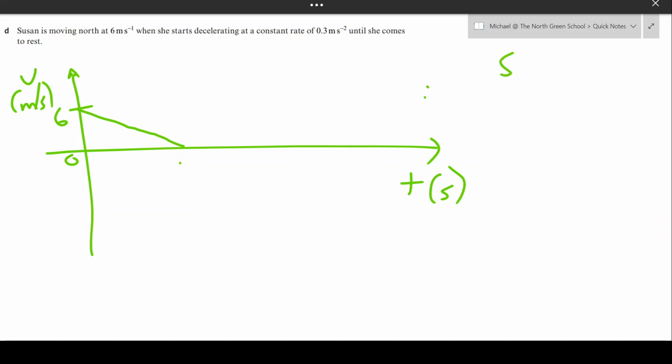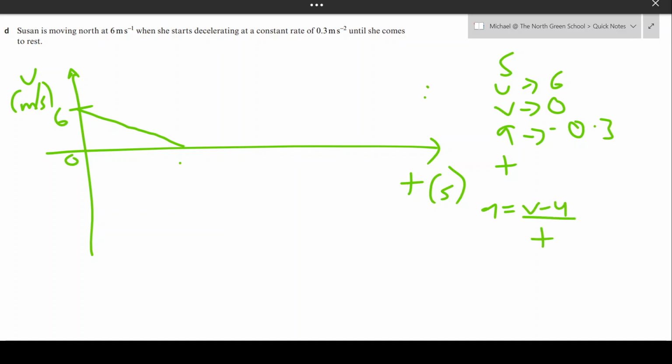Now we need to figure out the time as well, so we're going to do SUVATS. Her initial velocity is 6, rest means 0, acceleration 0.3, but deceleration, so minus 0.3. So now we need to figure out the time. We're going to say a equals v minus u over t, and t equals v minus u over a.